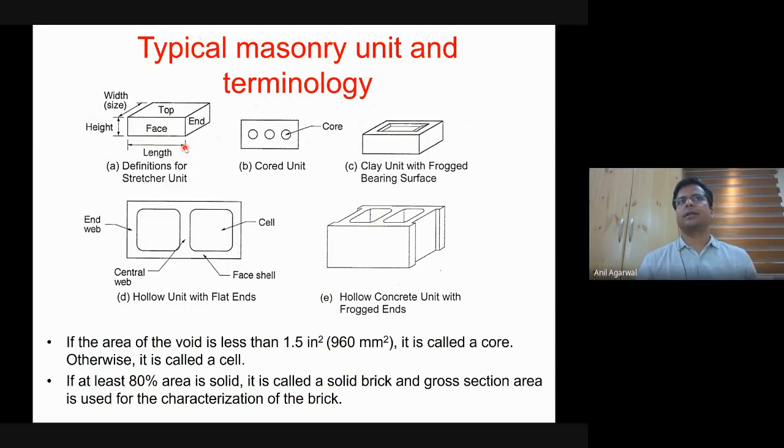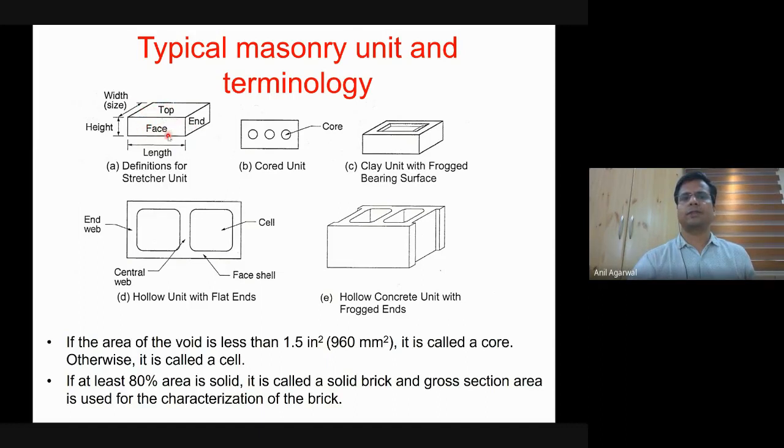Let's say I have a brick of size 9 inches by 4 inches by 3 inches. 9 would be the length, 4 would be the width, and 3 would be the height. Length and width are obvious, but which one is placed at height? The smallest one is usually called height, and based on this, the different surfaces are also named.